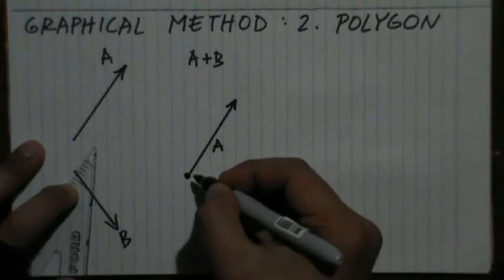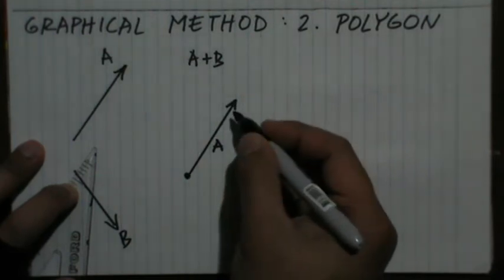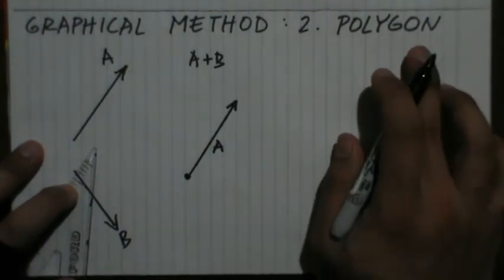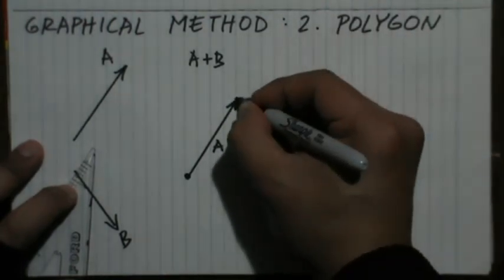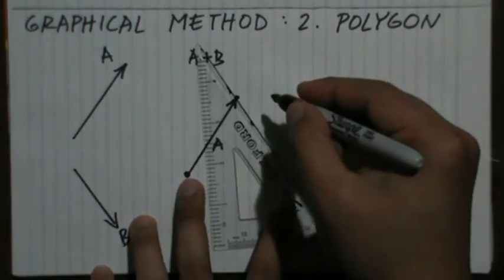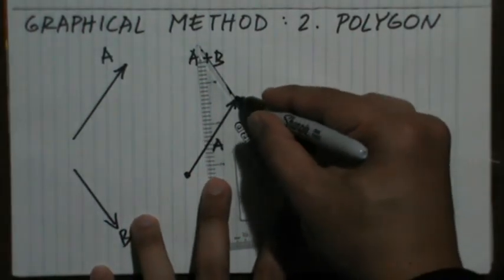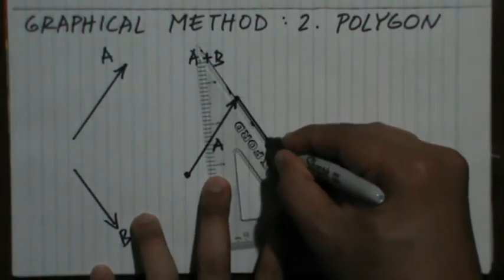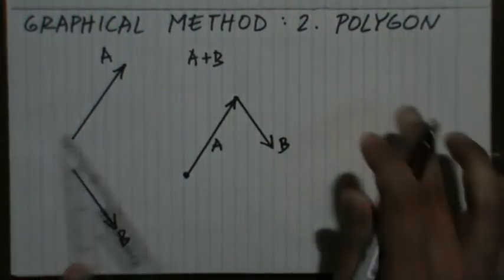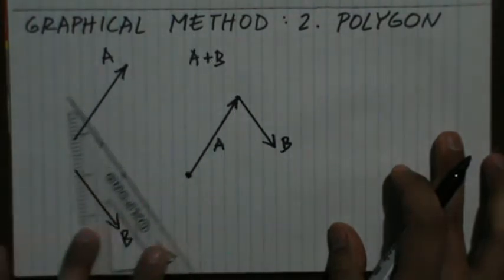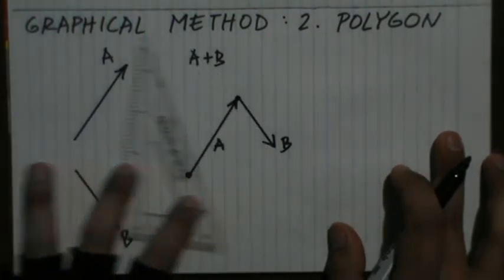So when we finish with the first vector, we now continue with the second vector. From the head of vector A, we draw the second vector. This is vector B, and make sure that this vector is parallel with the original one.